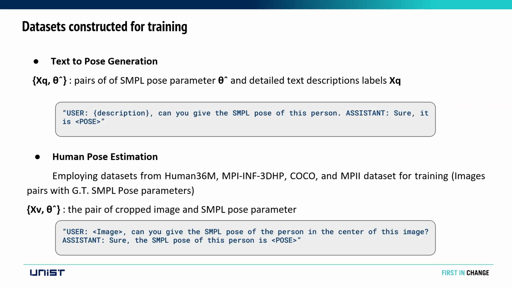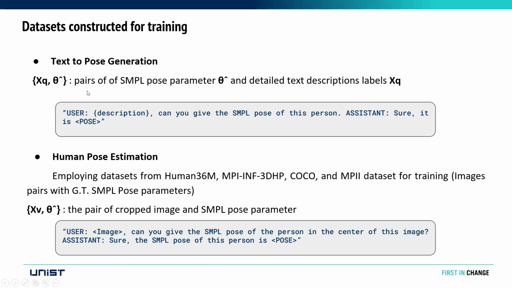So in order to train PoseGPT, they involve some techniques. First of all, we have text-to-pose generation, which can be represented as a pair of description text with a human pose.